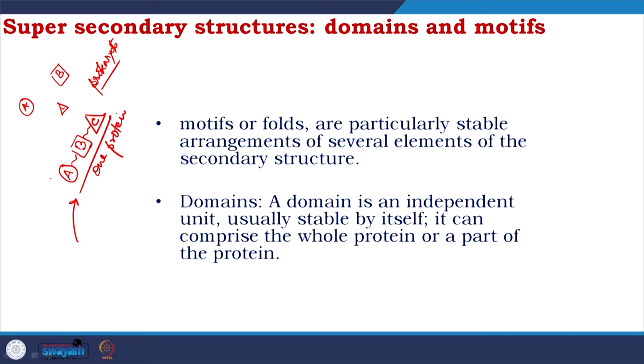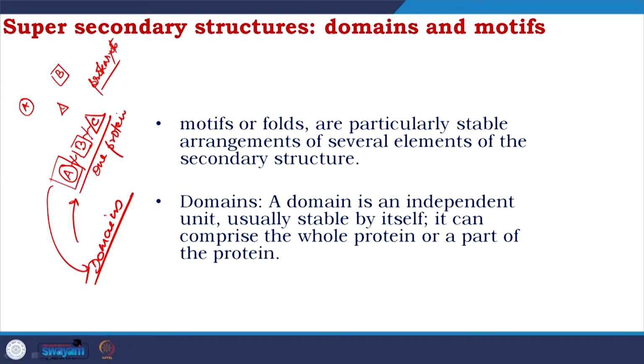In this situation, each of them is called a domain. Motifs are part of the protein or part of the domains, but they do not have the ability to work independently. If you cut the loop and try to express, you get to express A as an independent protein. So, that is what a domain is all about.